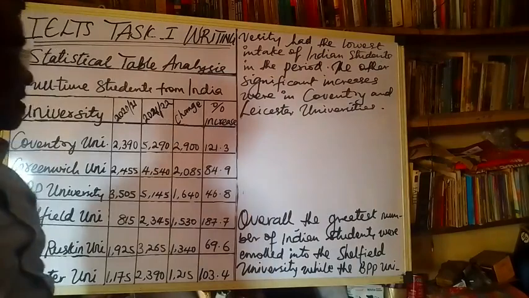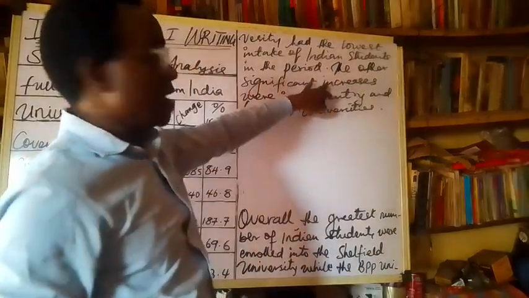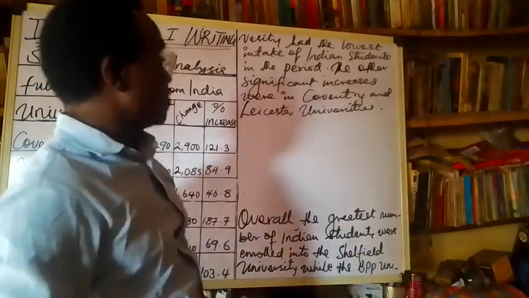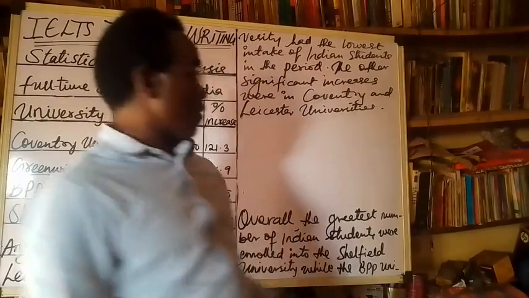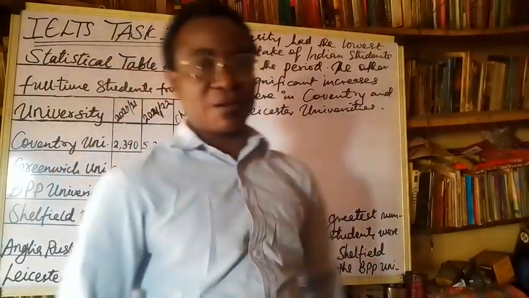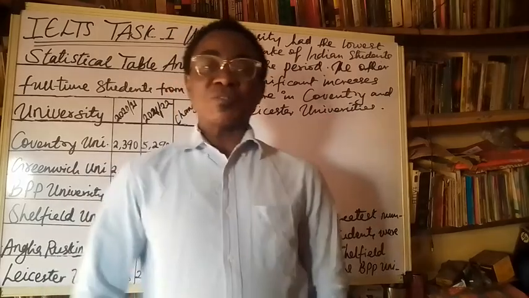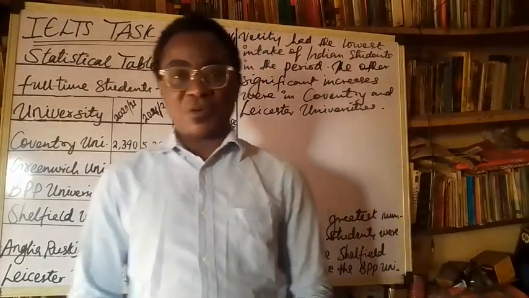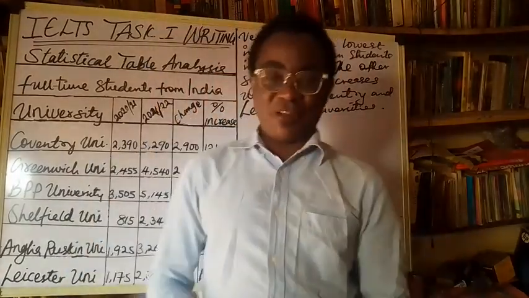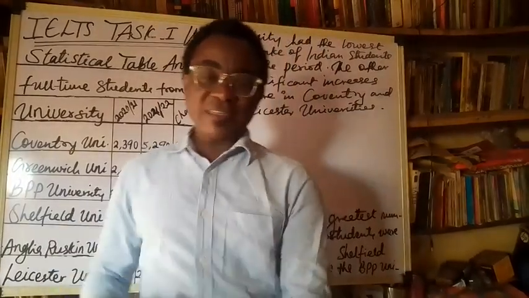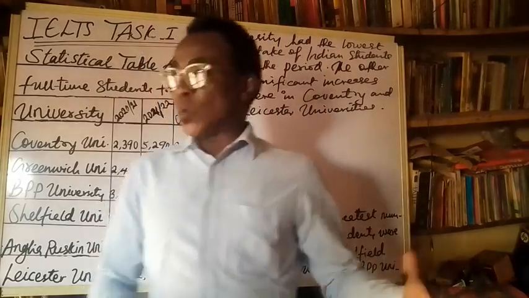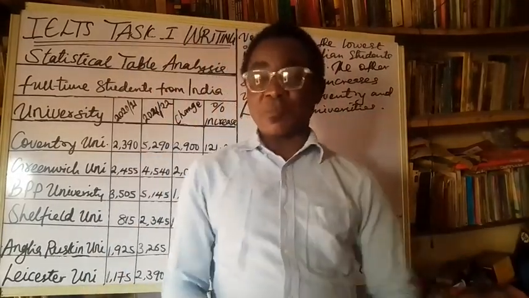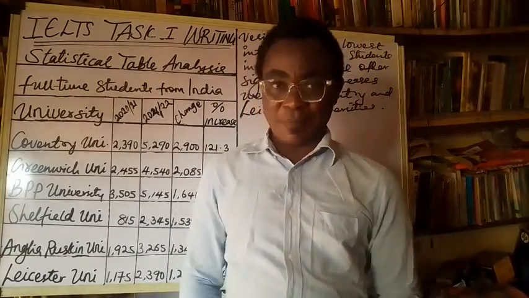And so it says, the other significant increases were in Coventry and Leicester universities. So this second paragraph, which you call the overview or the overall, tells us which values were rising and which values were falling within the two academic years that we're talking about.